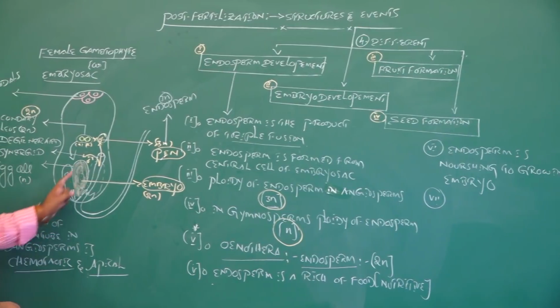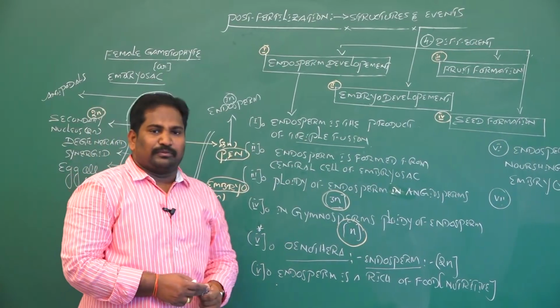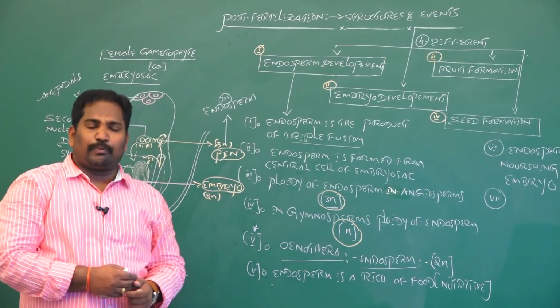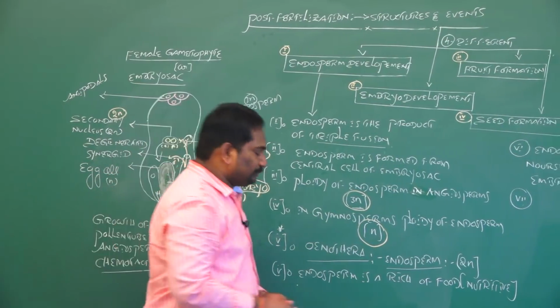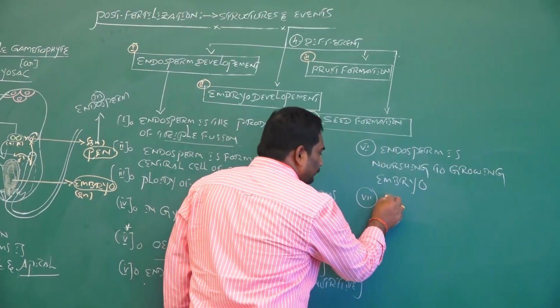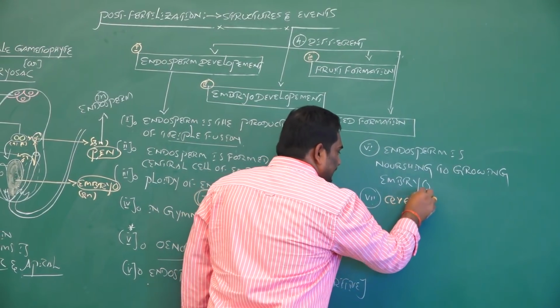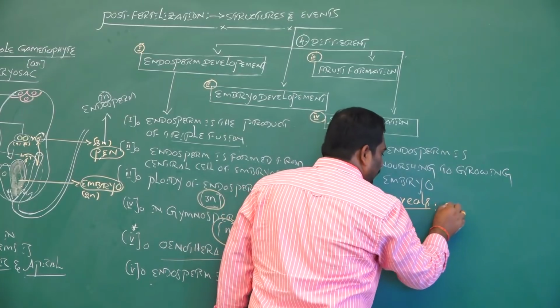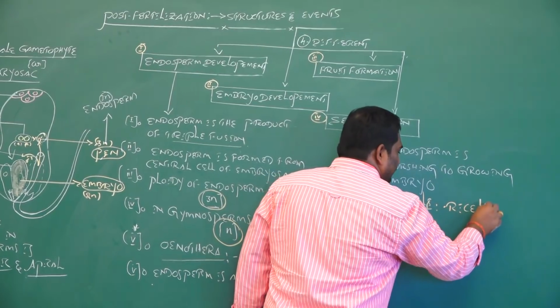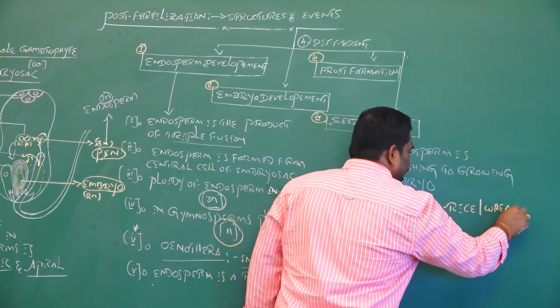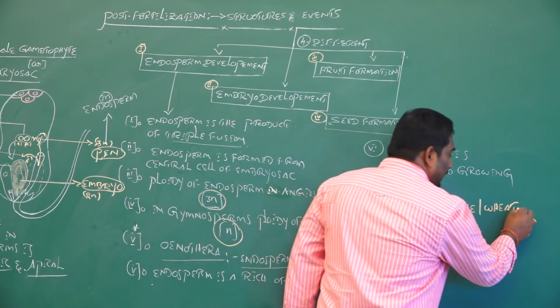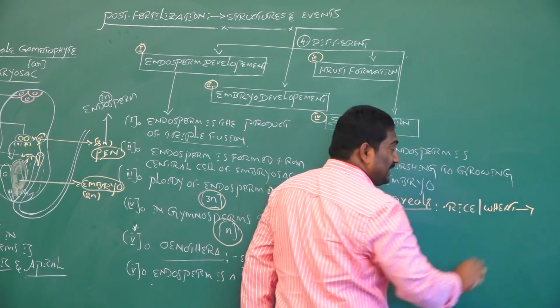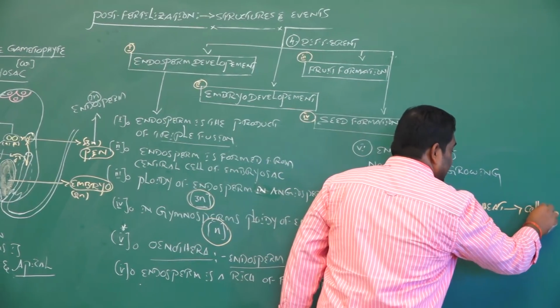Generally, the nature of endosperm is not similar in all seeds. For example, in the plants of cereals, for example rice plant and wheat plant, the nature of endosperm is cellulosic.